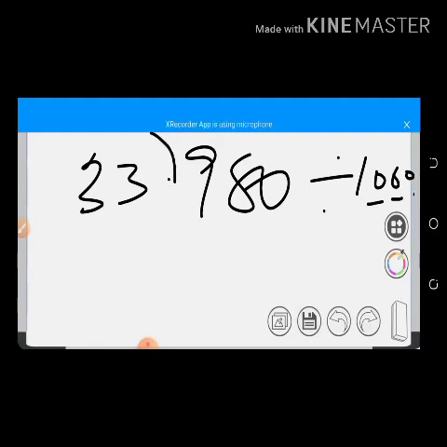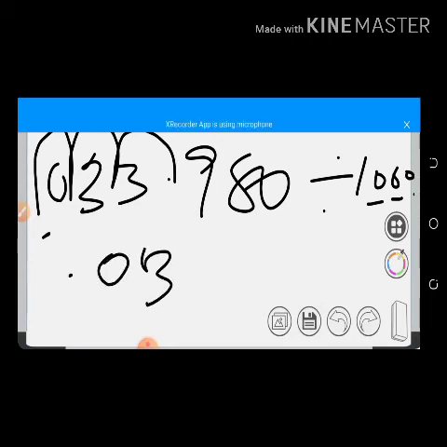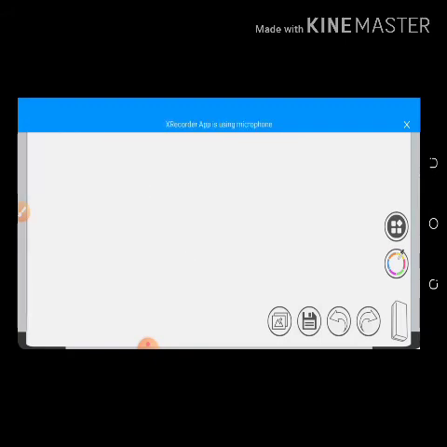We move our decimal forward how many times? 1, 2, and an imaginary 3. And where there's that imaginary number, there will be what? 0. And don't forget, in the case of division, to put your decimal where your line stops. So you now have 0.033980.